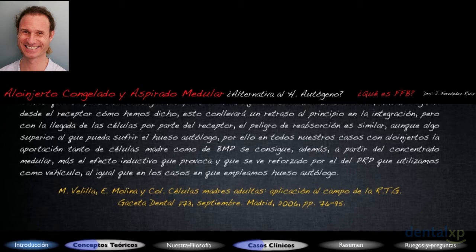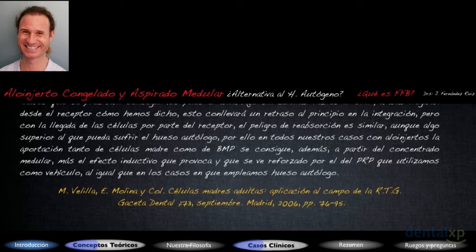This bone is derived from a cadaver. Early after the death of the patient, this bone tissue will be obtained and worked on in a certain lab with all the security measures, and it will be ready to be used in a dental scenario.